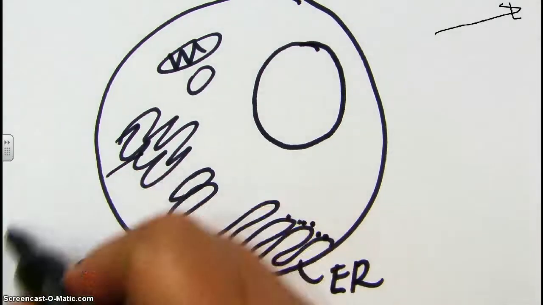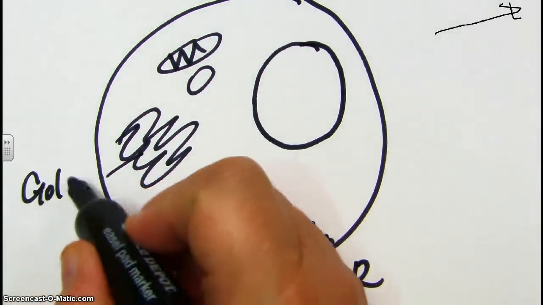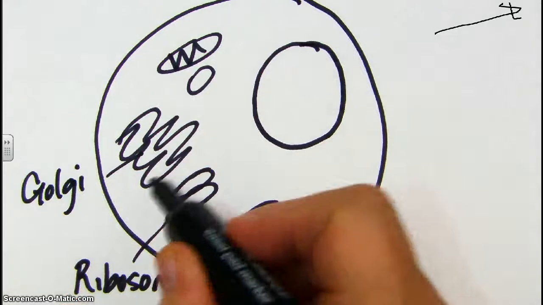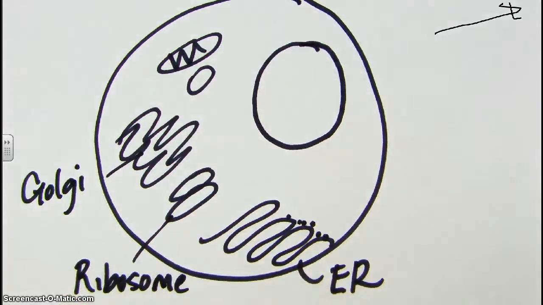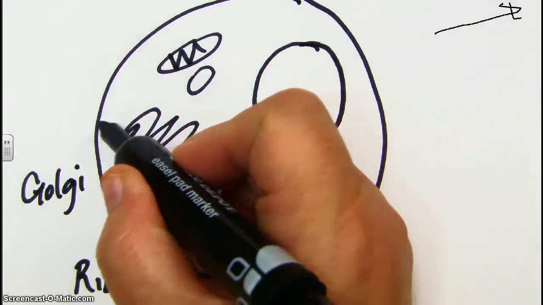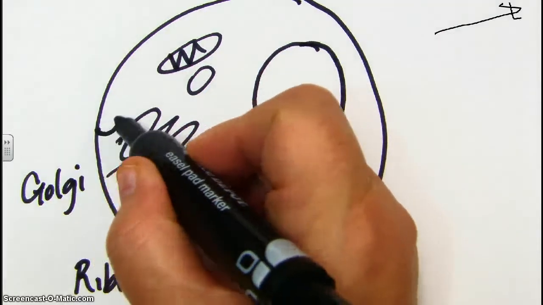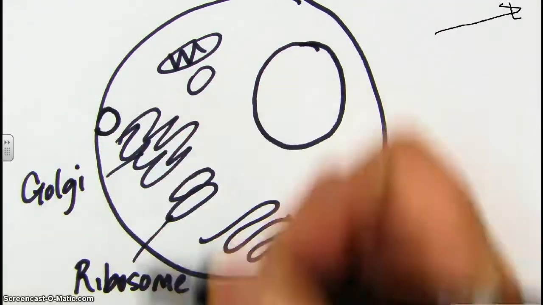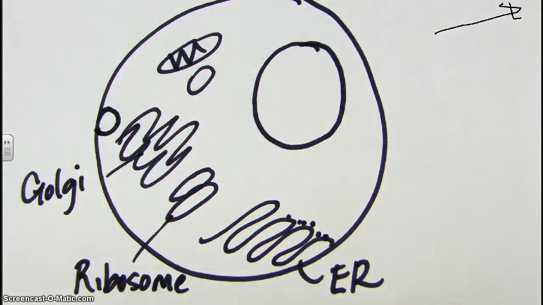The Golgi apparatus is another organelle that's charged with packaging things, and actually it sends things out of the cell, it packages them so that they can fuse with the membrane and send things out of the cell.